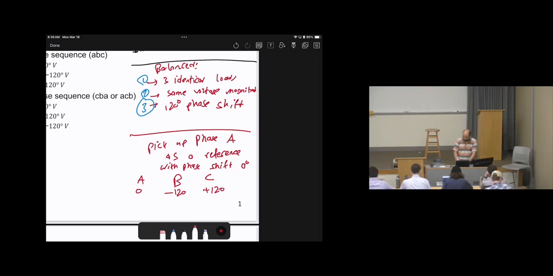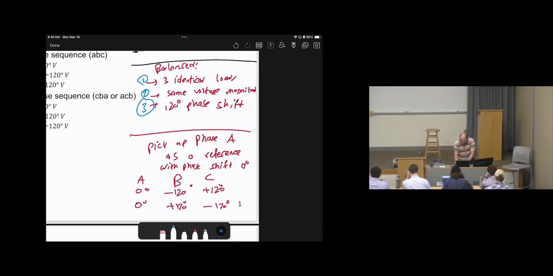The other option, by swapping this, with phase A every time as reference: phase B positive 120, phase C negative 120, and all of them are in degrees. So we have 2 options. Which one is correct? Which one do we use in real life? Actually both. How can I distinguish which one we are using?